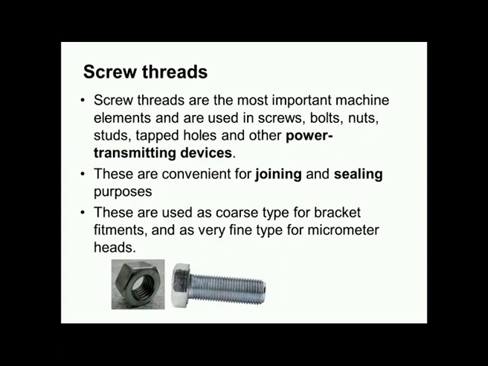Now, briefly we will try to understand the general aspects of screw threads. These are the most important machine elements and are used in screws, bolts, nuts, studs, tapped holes and other power transmitting devices. They are very convenient for joining and sealing purposes.